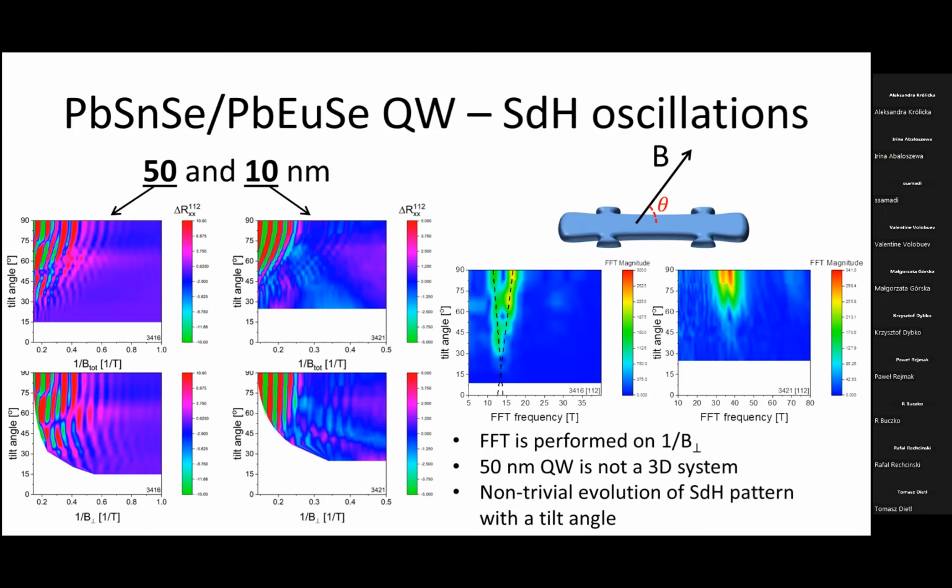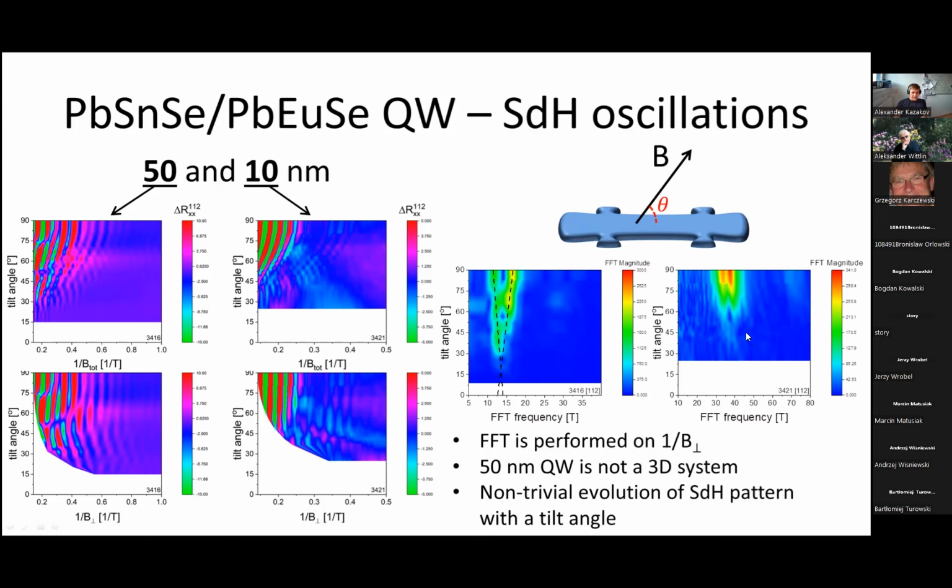In the two-dimensional case, the oscillation pattern should not change in 1 over B perpendicular. And indeed, for 10 nanometers, we see that the oscillation pattern is the same. However, in 50 nanometers, the situation is more complex. By doing an FFT for each field scan, we see that in principle it is 2D. The peaks stay more or less at the same position, but they still somehow evolve.